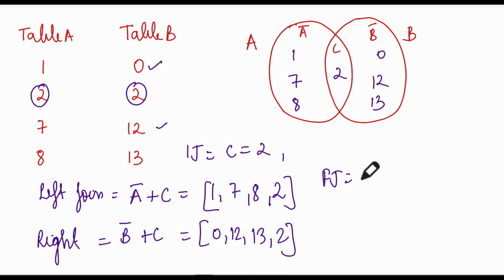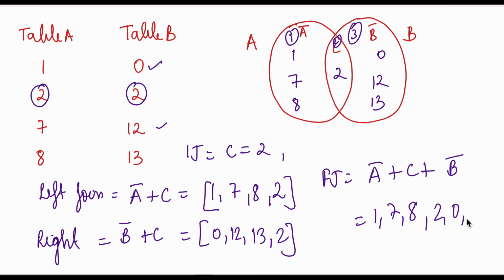Full join will be equal to A hat plus C plus B hat. If you see, there are total 3 segments. The sum of all the 3 segments is your full join, that is 1, 7, 8, 2, 0, 12 and 13. So this is how a full join works. This is how these 4 joins work.